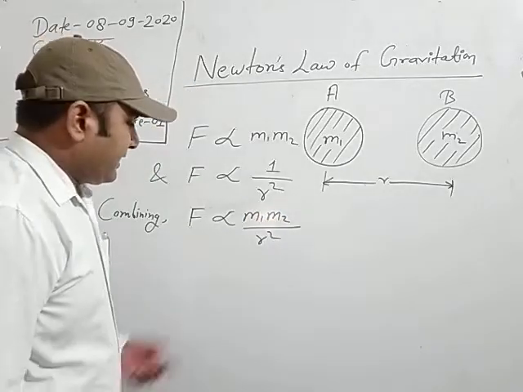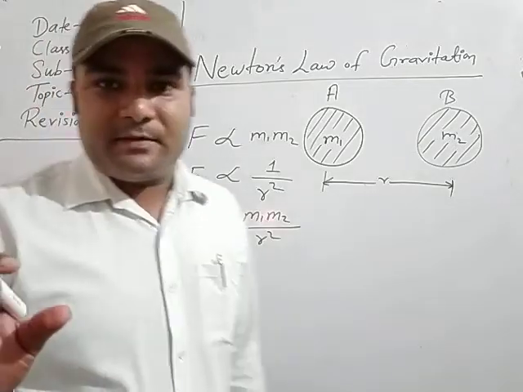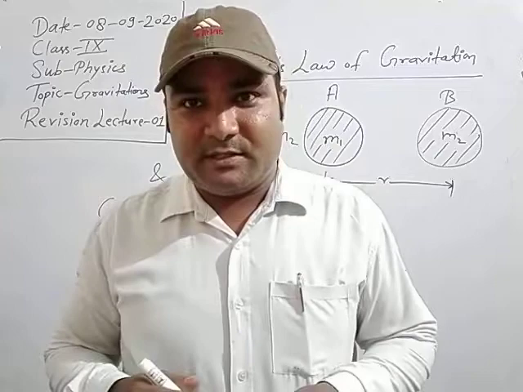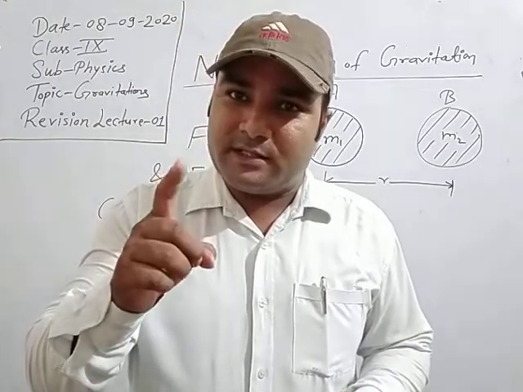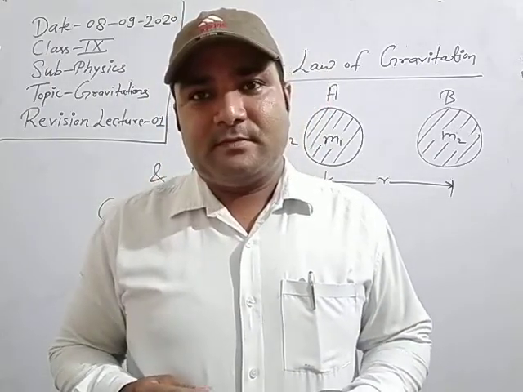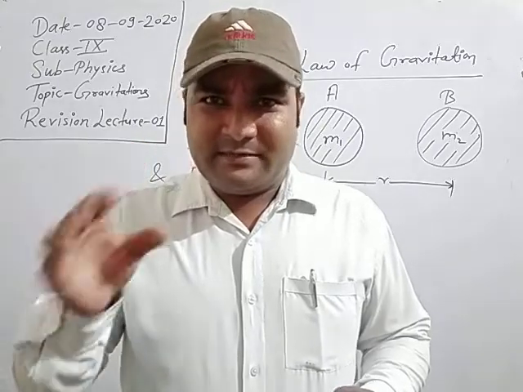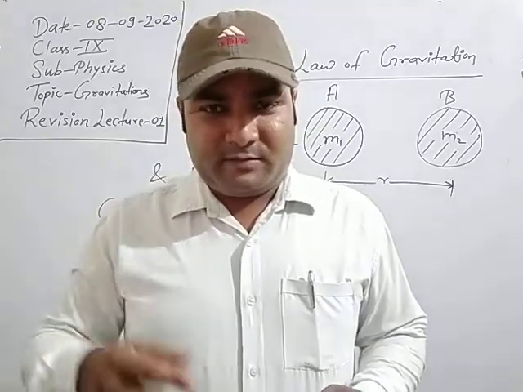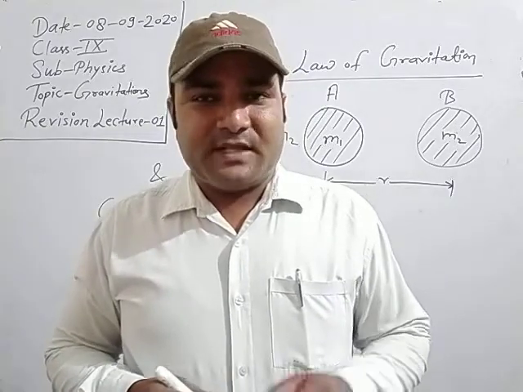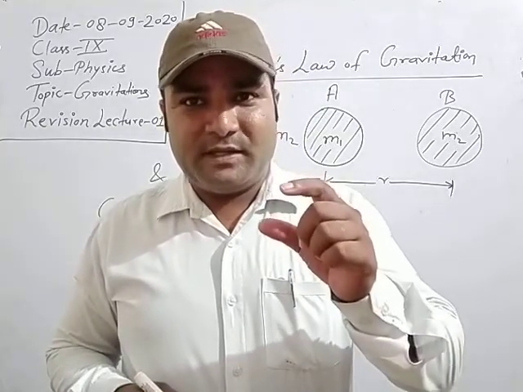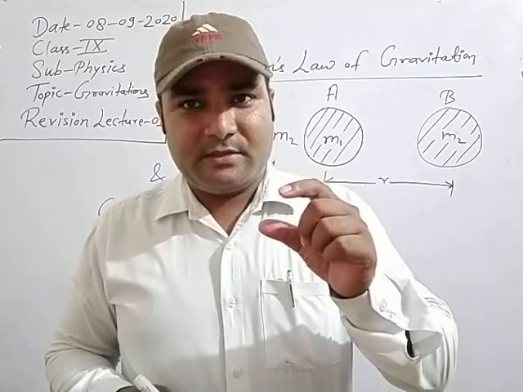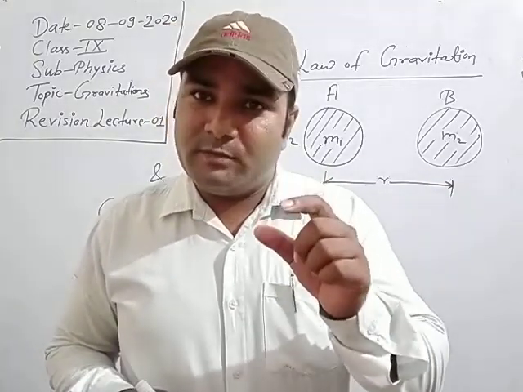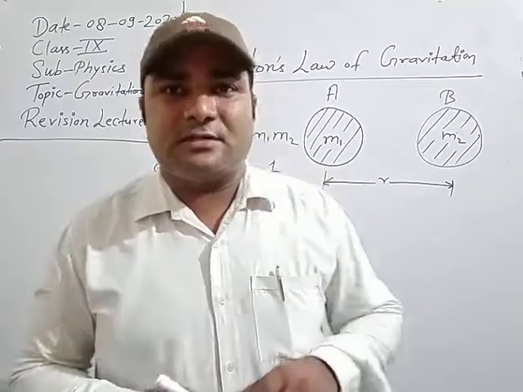Clear? And in physics, always remember, when we have to remove the proportionality symbol, we have to use what? A constant term. In derivations, equations, calculations or formula estimation, always when we remove a proportional symbol, either direct or inverse proportion, no matter, we have to use a constant term.